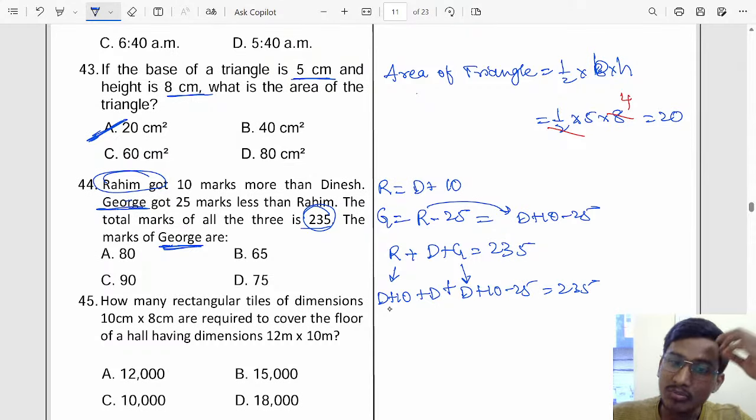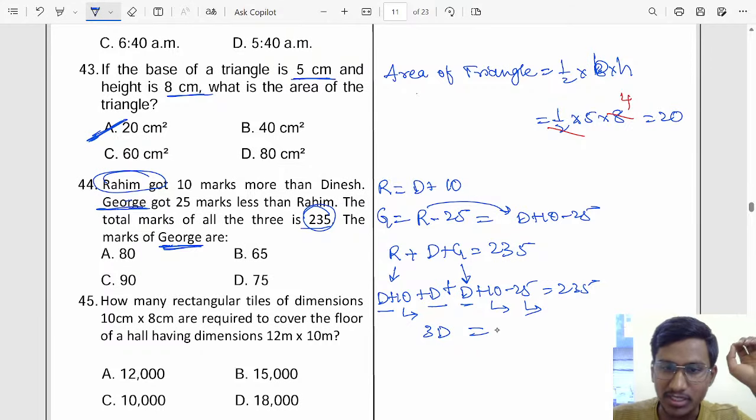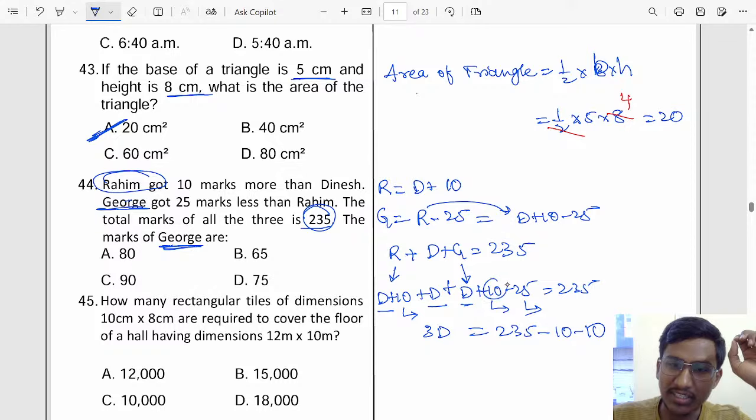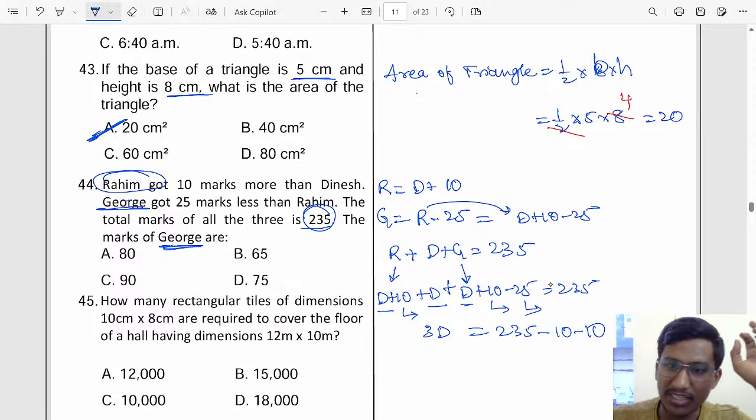Now Dinesh is 3 times. So 3 times Dinesh, and this 10, 10 and 25 you take to the other side, so plus will become minus.